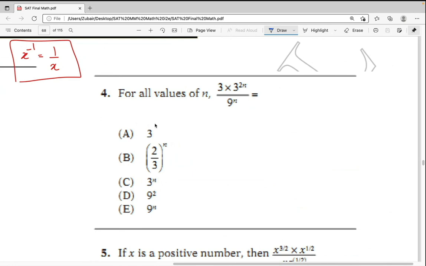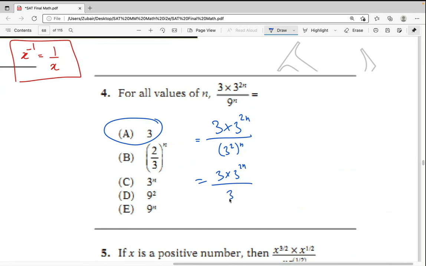I just put it in my calculator. The 9 is 3 into 3 raised to 2n, and you can change that to 9 as 3 square. And you see you get 3 into 3 raised to 2n over 3 raised to 2n. And your answer is 3.